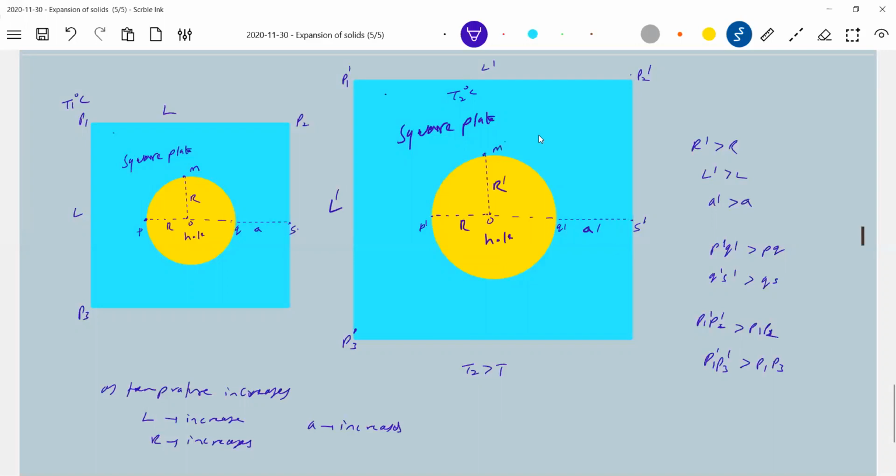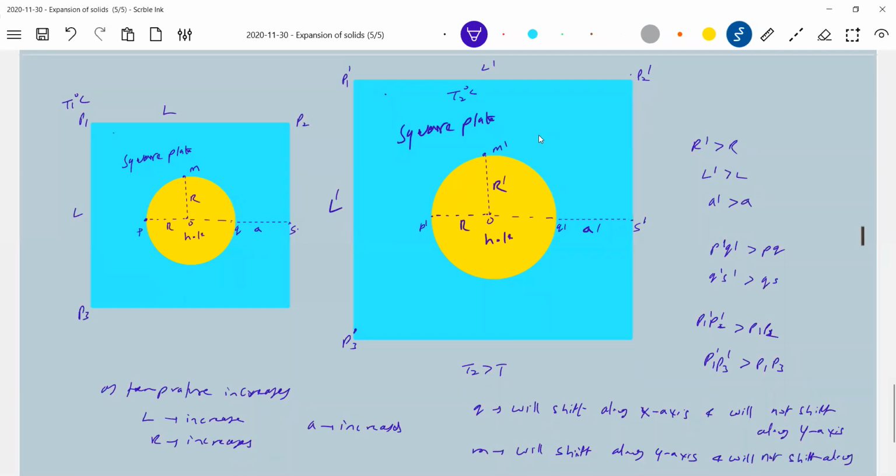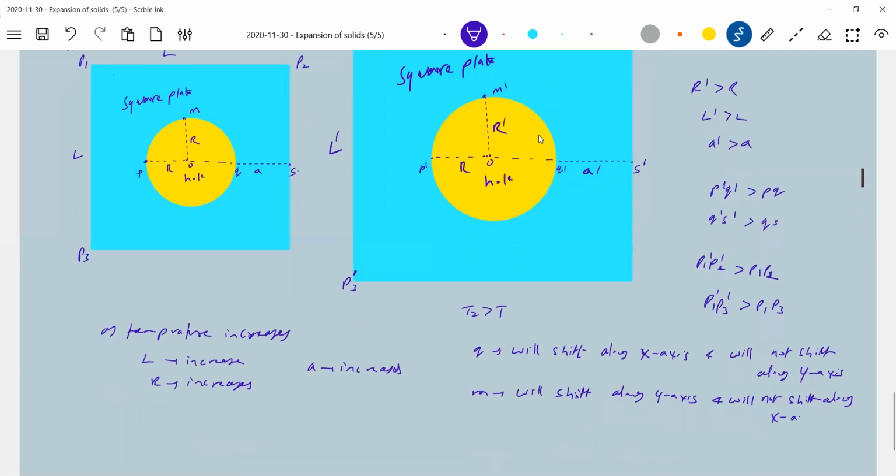And now come for this. What about Q? It will shift along the x-axis and will not shift along the y-axis. What about M? It will shift along the y-axis and will not shift along the x-axis.